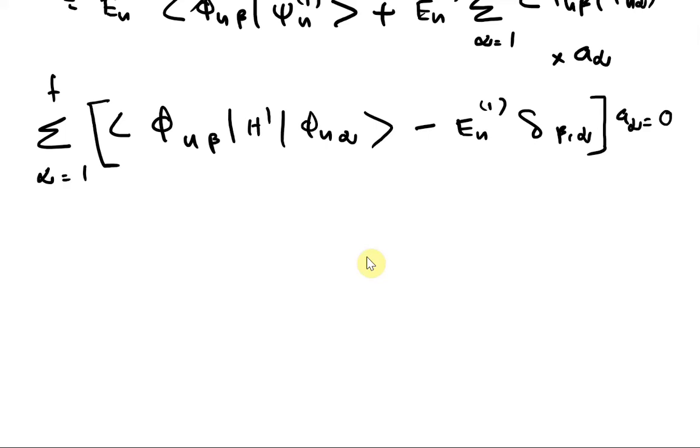One thing we have to notice is that the first order correction in energy, En1, comes only associated with the terms where alpha and beta are the same.